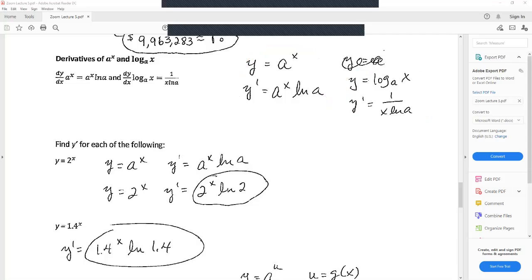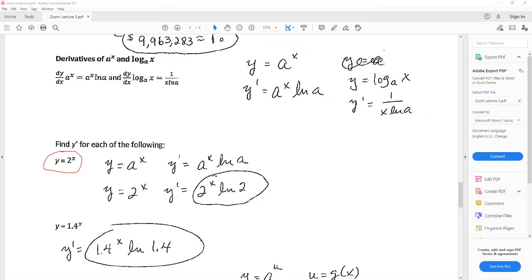Here we have y is equal to 2 to the power of x, and that looks a lot like this. So the derivative is 2 to the power of x times the natural log of 2. This is the exact answer. Now, if you are asked to round in some way or other, you might have to type in natural log of 2 into the calculator, but for all intents and purposes, we are actually finished with that problem.